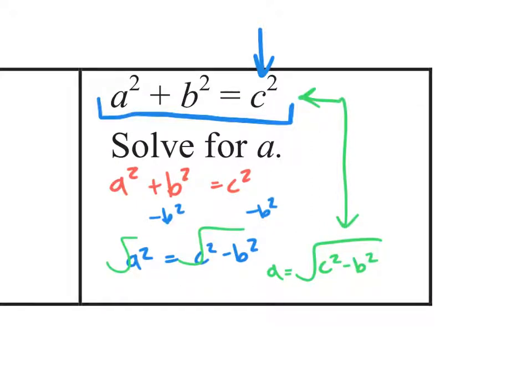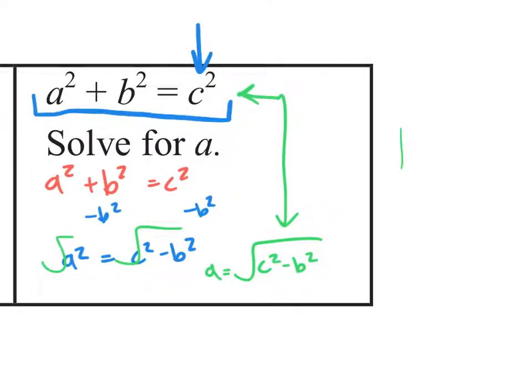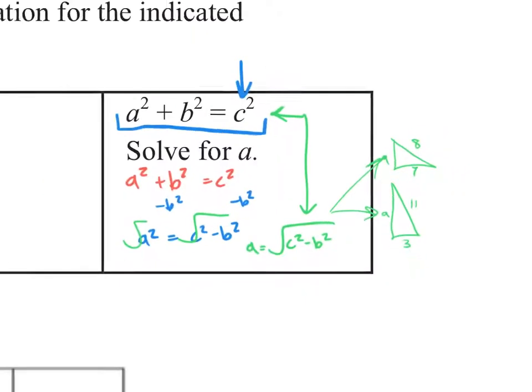This would be very useful if we had a lot of triangles and we knew the hypotenuse and one leg but we didn't know the other. If I gave you a whole bunch of different triangles and you knew the hypotenuse, but you needed to know this side length a, our new formula would help us find those side lengths very quickly.